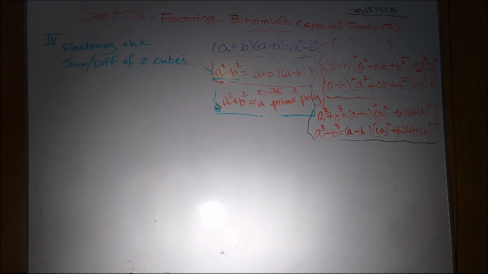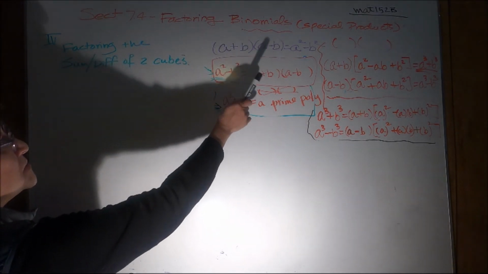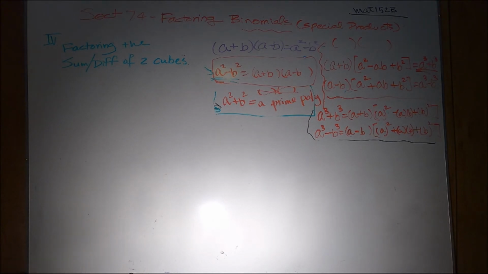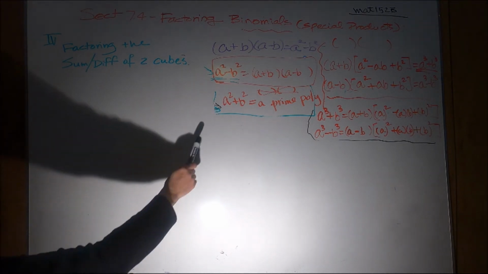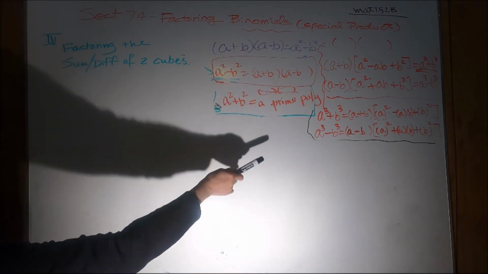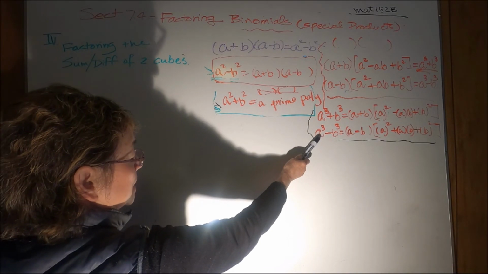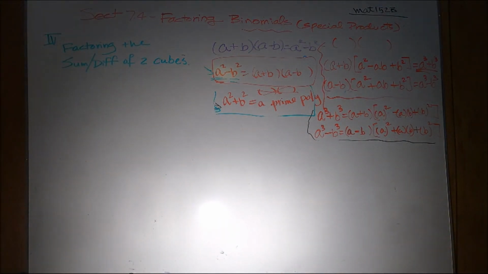So we just did what? Factoring binomials, special products. Certain things we can do if it's what? The difference of 2 squares, or the sum of 2 cubes, and the difference of 2 cubes. So let's take a look at your examples on page 17.